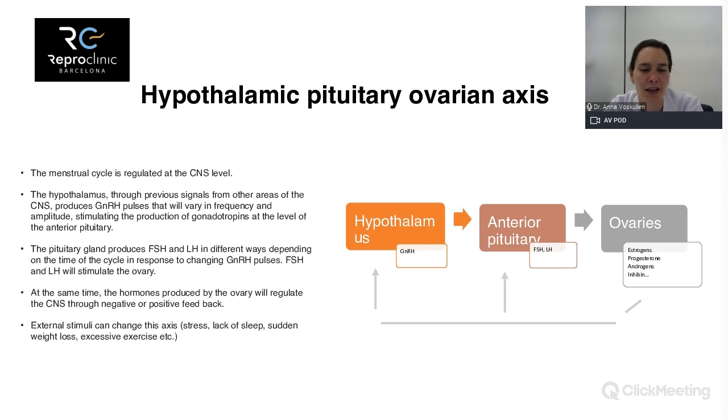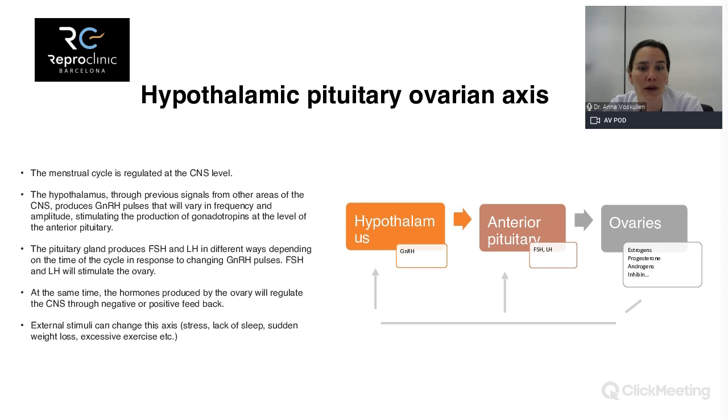It is regulated by the central nervous system, and the first level will be the hypothalamus, that produces GnRH, which stands for gonadotropin releasing hormone, and it produces these GnRH pulses that will vary in frequency and amplitude and will stimulate the anterior pituitary gland to produce gonadotropins, which are the FSH and LH.